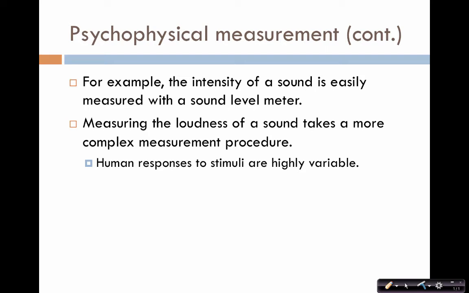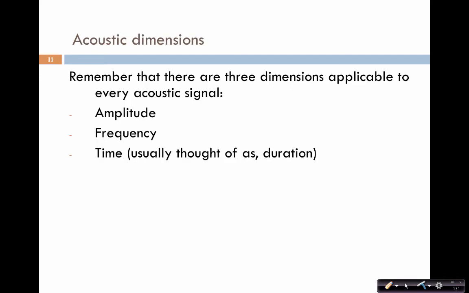When we think about human responses to stimuli, there are many variables that can affect that response, and part of this slide set will go through that. It's important to always bear in mind that when we discuss any acoustic signal, any acoustic stimulus, there are 3 dimensions to be mindful of.